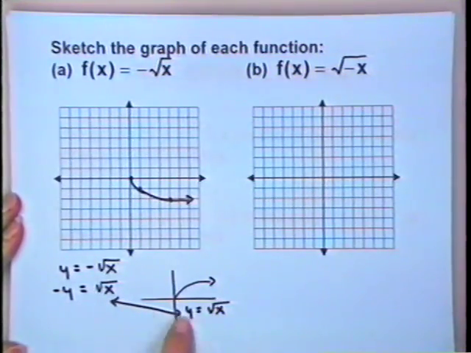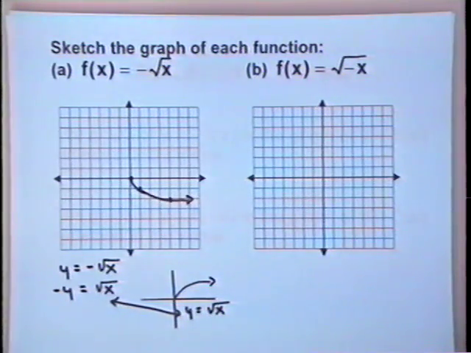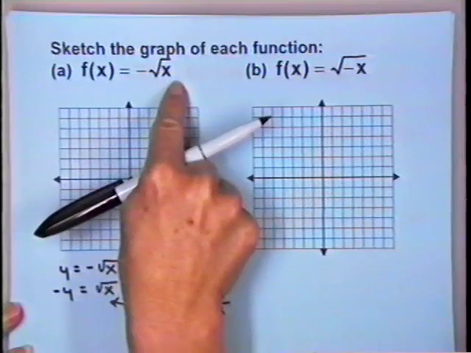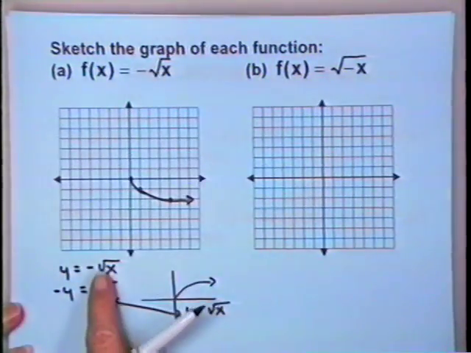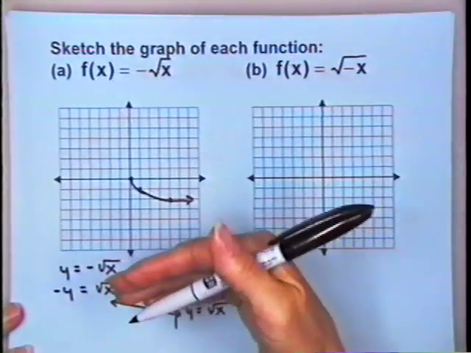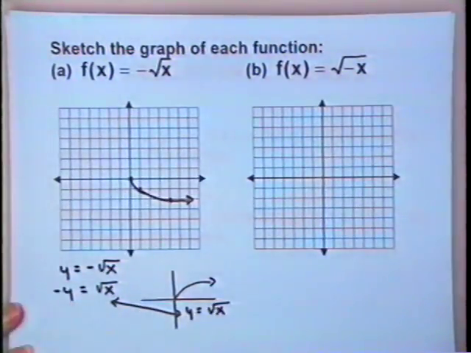What's happened? y has been replaced with negative y. And when you replace y with negative y, that's that test for symmetry to the x-axis, isn't it? So what that may help you to do is, when you see an equation where you've got a negative in there, if that negative could be placed so that it really is associated with the y, that tells you that you're going to have a reflection over the x-axis because you're changing your y values to negative y's.